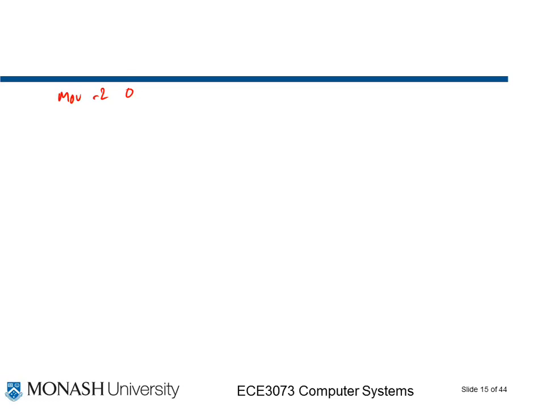Then I do a comparison: if R2 is greater than or equal to 4, then I'm going to branch to the end. Otherwise, I continue on my code.